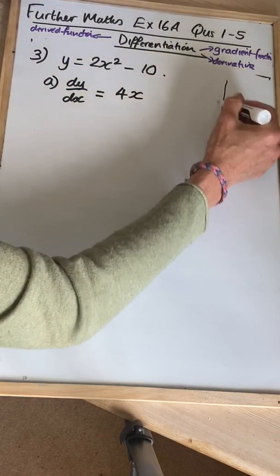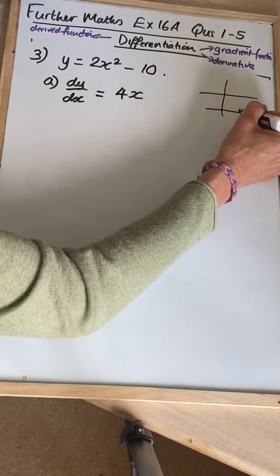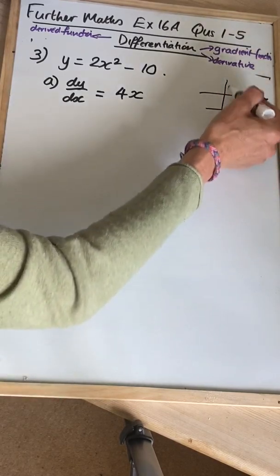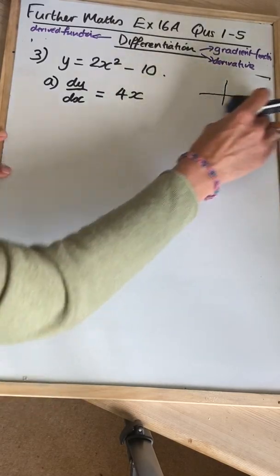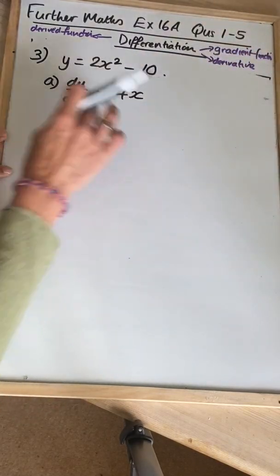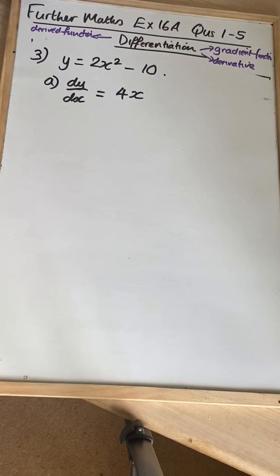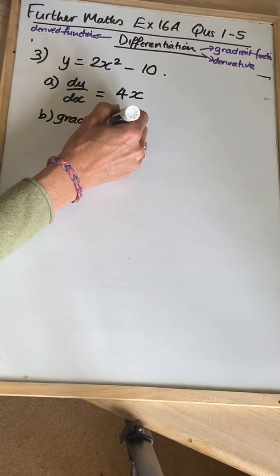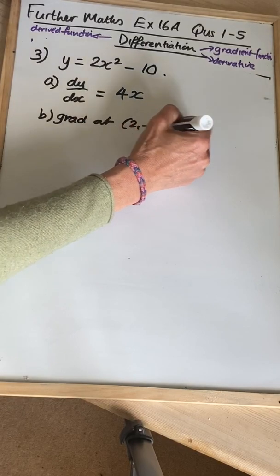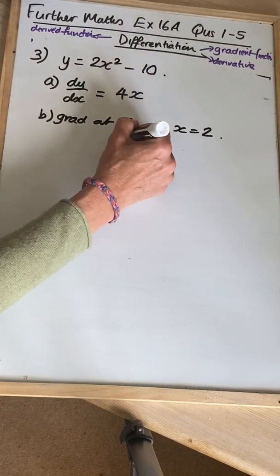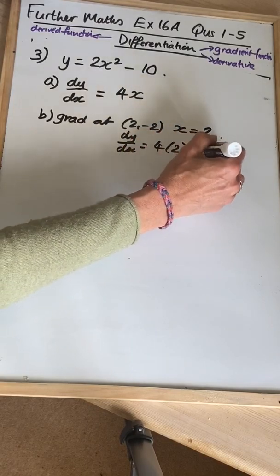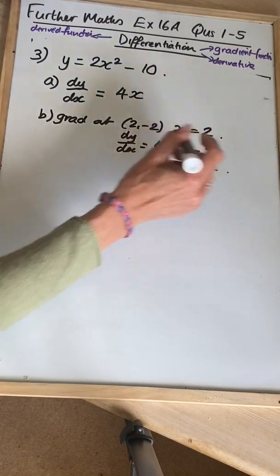So the line y equals minus 10 would look like that on a graph if that was your x-axis, and therefore the gradient is 0, yeah? Okay, so dy by dx is 4x. The gradient at 2: x equals 2, so dy by dx is going to equal 4 times 2, which is 8.